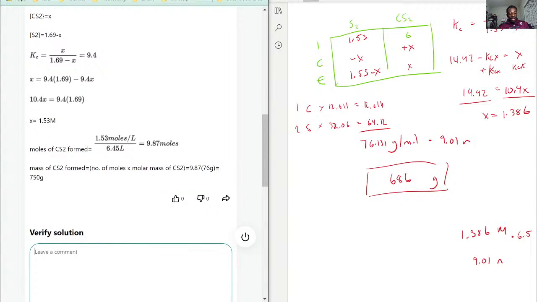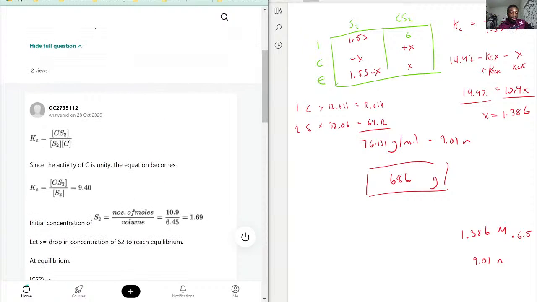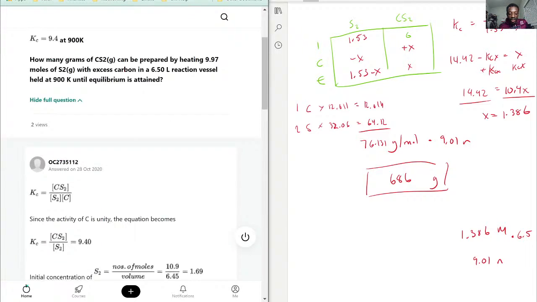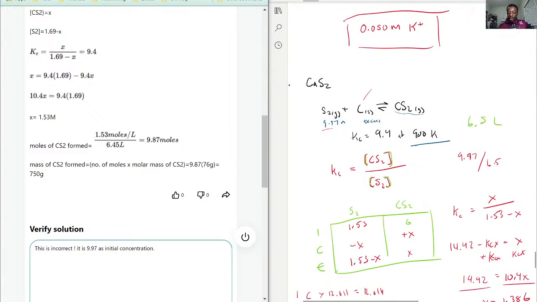And they got 750 grams. So this is incorrect, but this is simply because we have to show exactly how they got it, right? But right here they have, for some reason, 10.9 as the initial concentration instead of the 9.97. So as you notice, if we had used that 10.9 that they gave us, we would actually end up with the same answer as them.